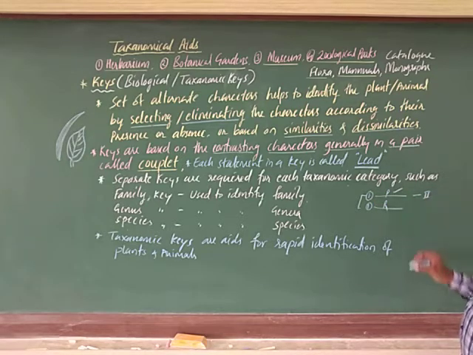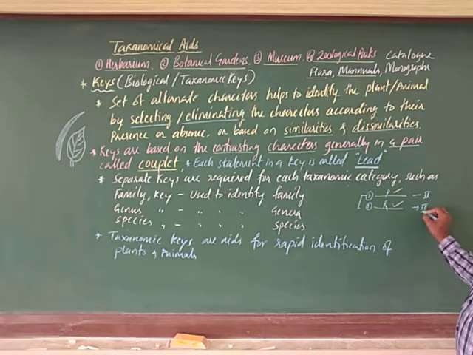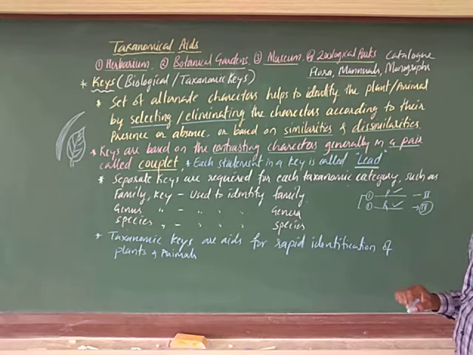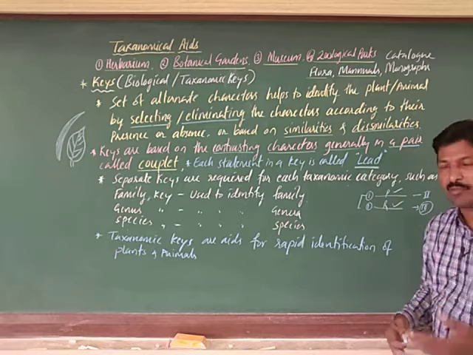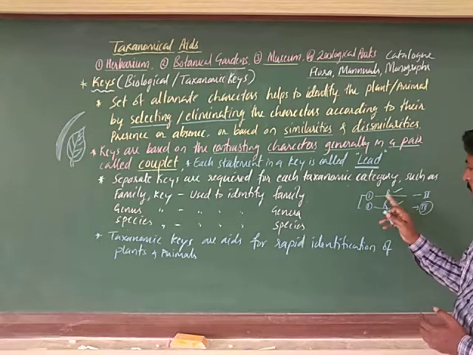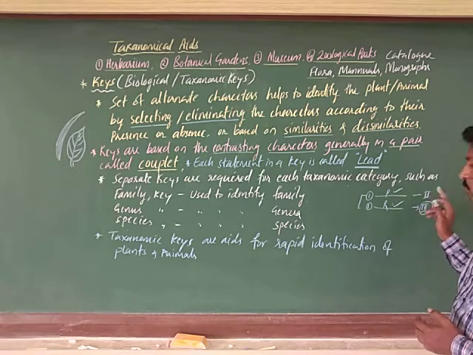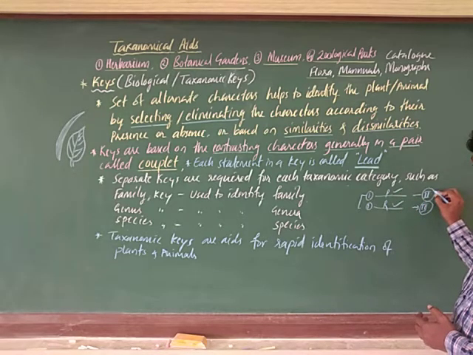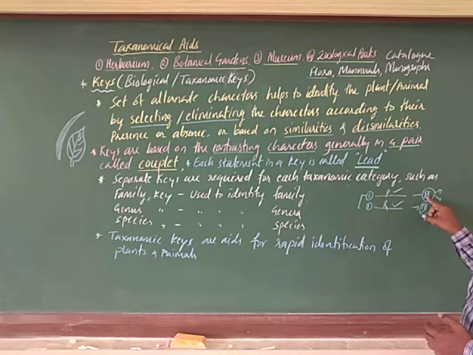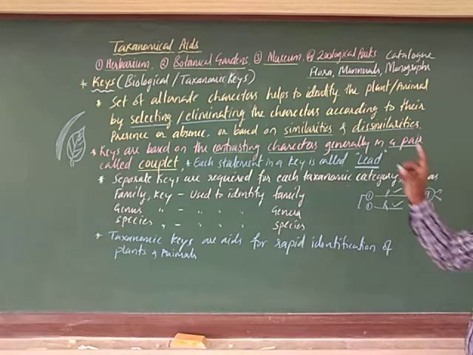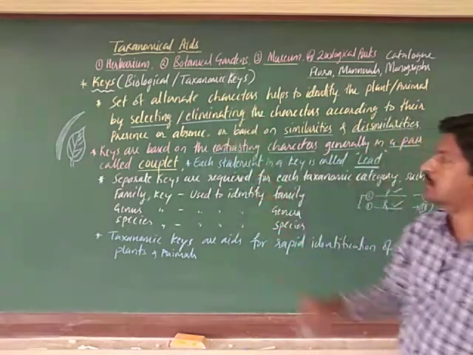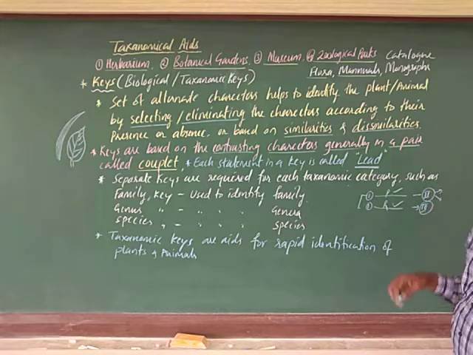So, here 2, okay. If you are selecting, go for 3, in that book system. If you are selecting the character parallel venation, go for 2, so again for 2 there is a set of alternate characters, which means one more set will be opened.